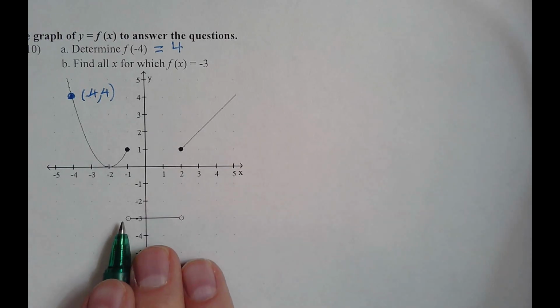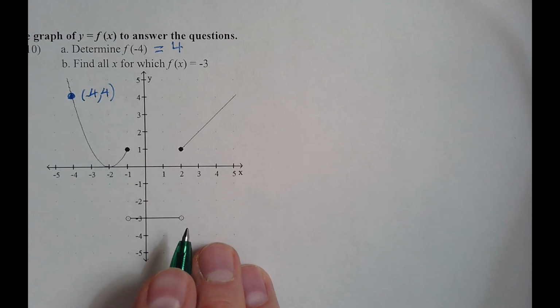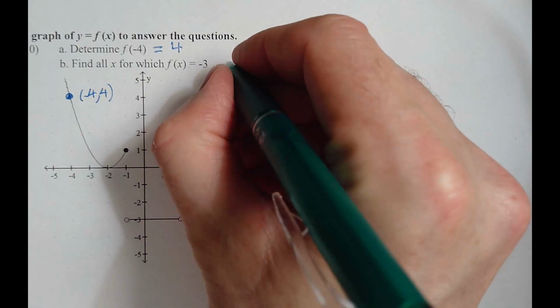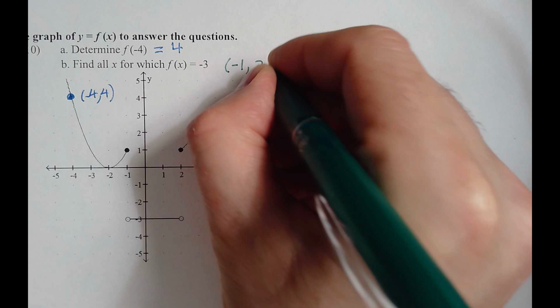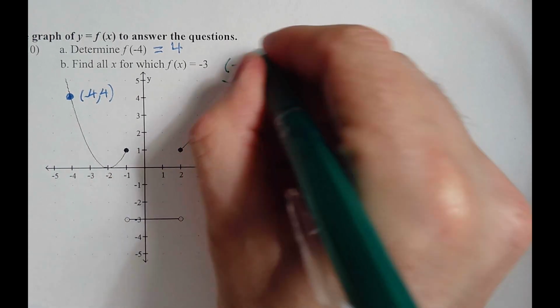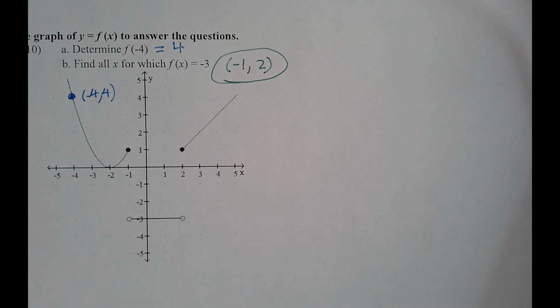So that's going to be the interval from negative 1 to 2. That's kind of a weird one.